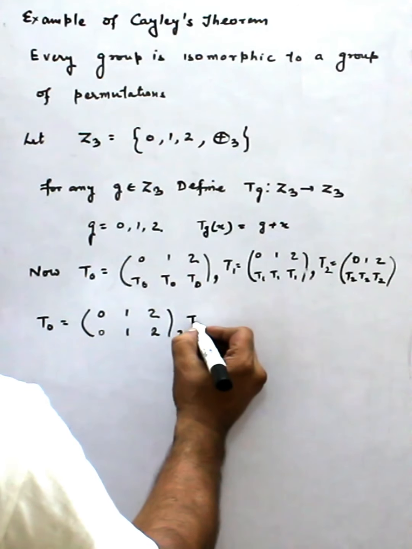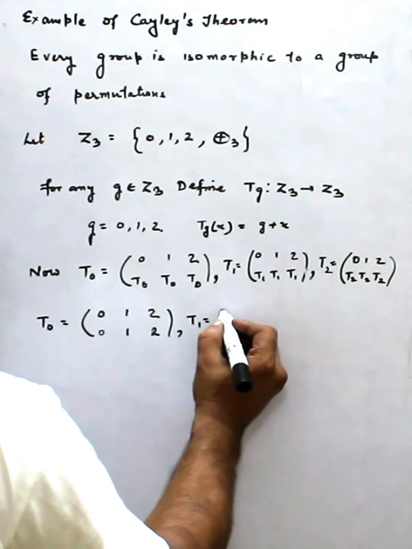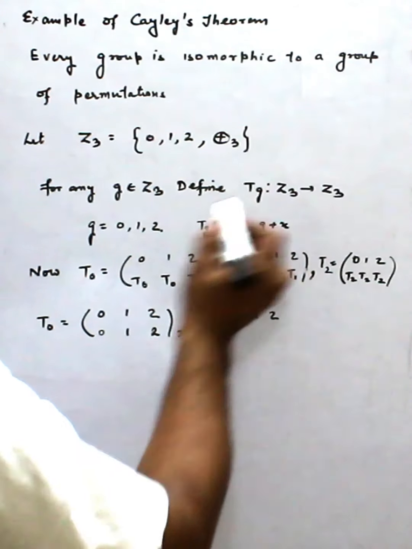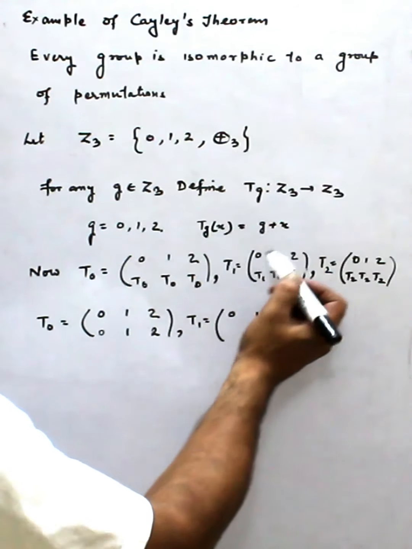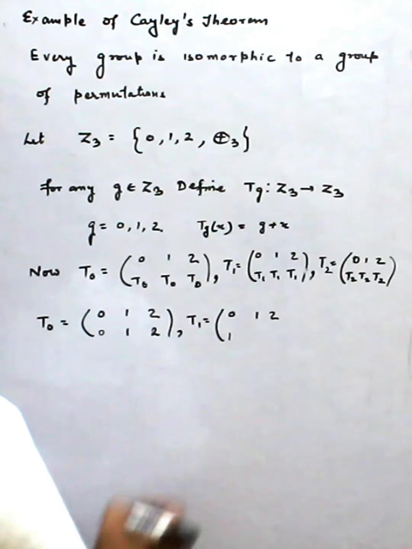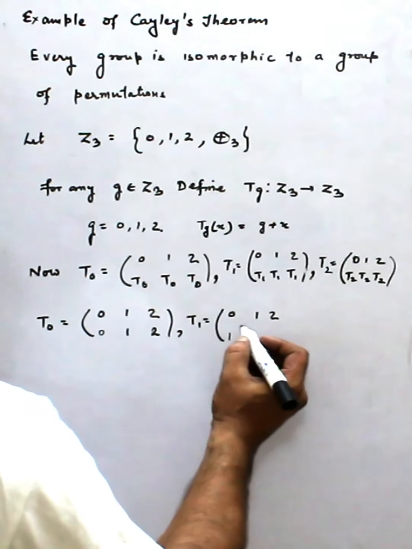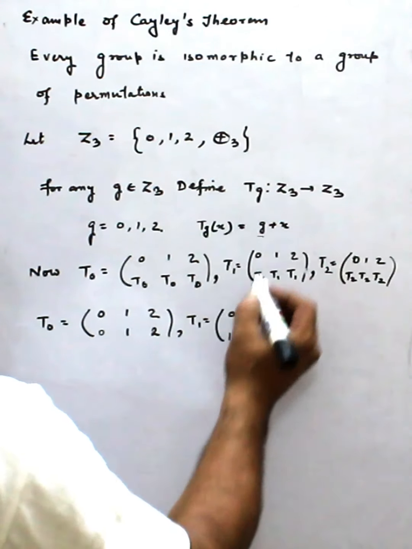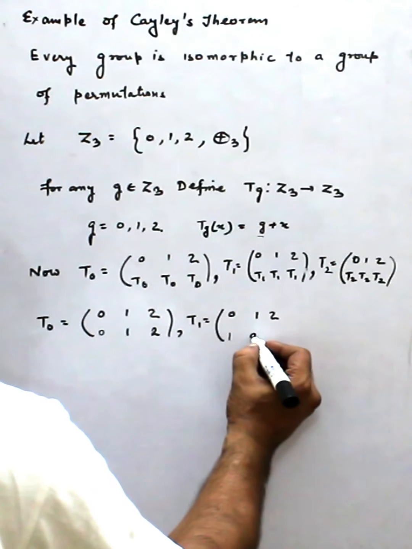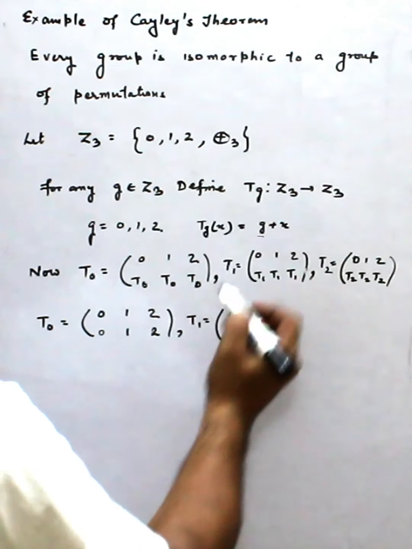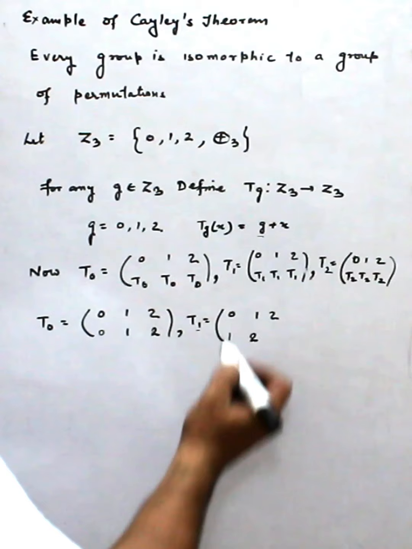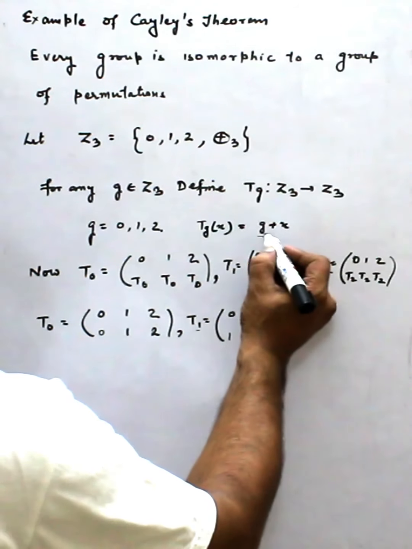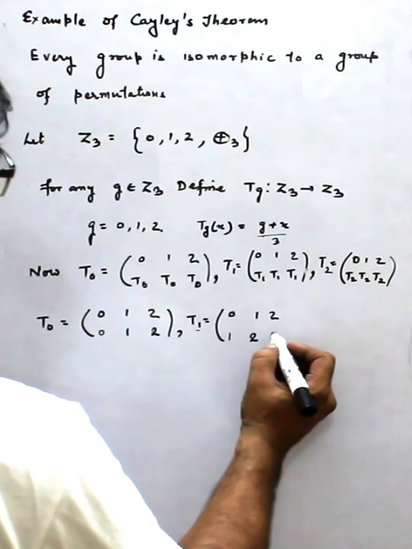Now, what about T1? 0, 1, 2. Now g is 1 and x is 0, so this is 1. g is 1, x is 1, then this is 2. g is 1 and x is 2, so 1 plus 2 is 3, and 3 divided by 3 gives remainder 0.